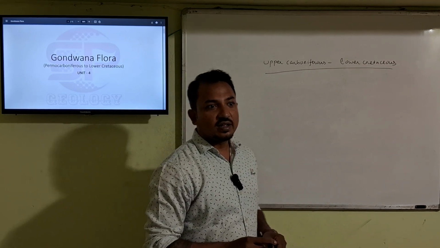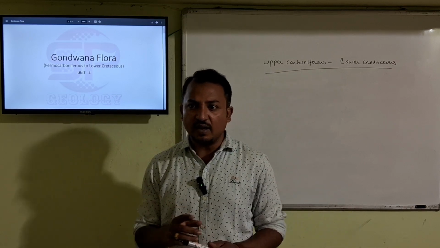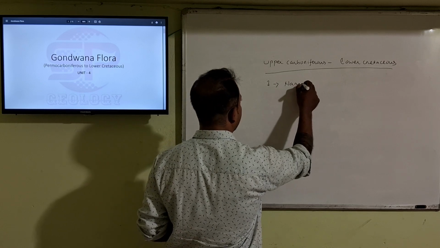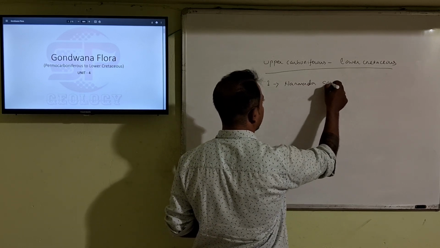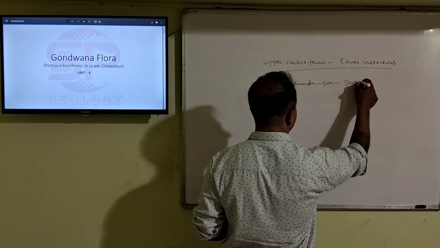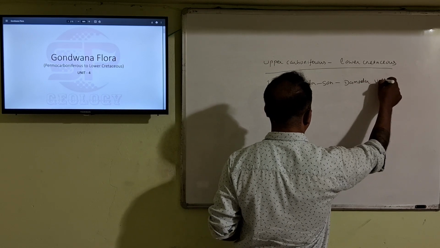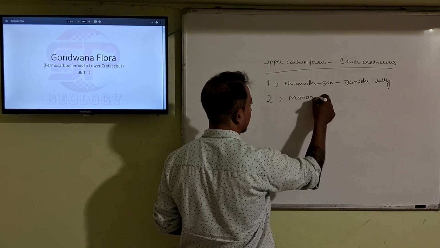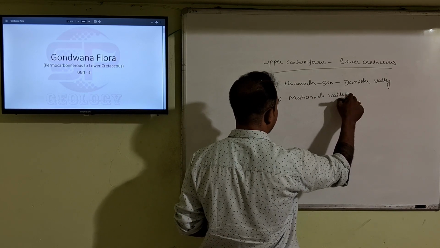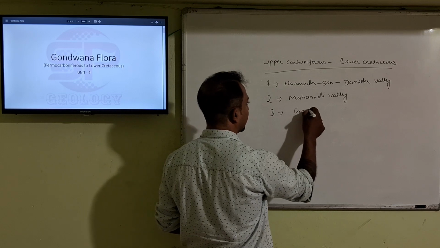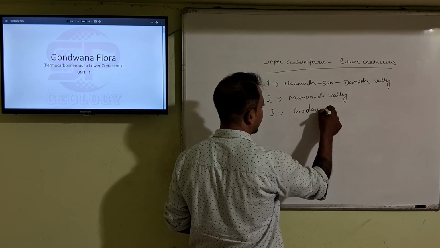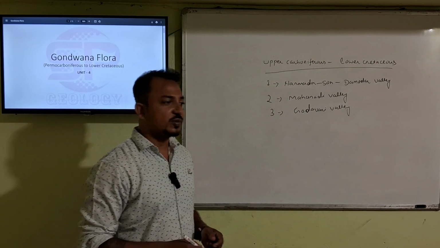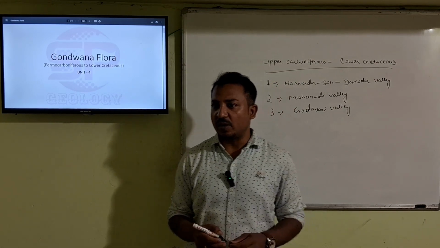Gondwana is deposited in 3 valleys in India: the Narmada Son Damodar Valley, then the Mahanadi Valley, then the Godavari Valley. Gondwana deposition is found in these 3 valleys. They are famous for coal deposition.